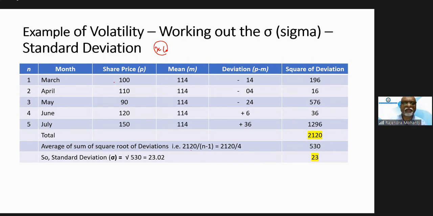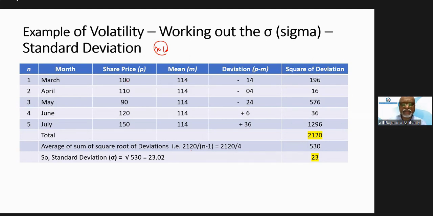I have taken the average share price for 5 months. The share price of March was 100 rupees, April 110, May 90, June 120, July 150. That means it is changing. Now we have to find the standard deviation of that through the formula, to find out the volatility.